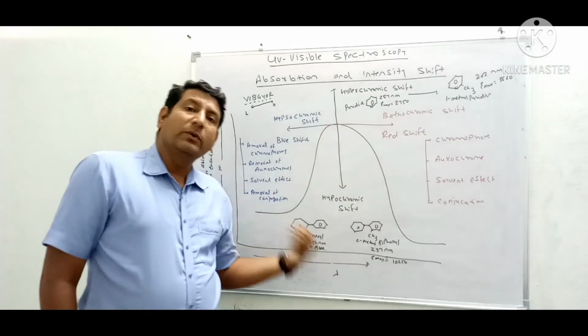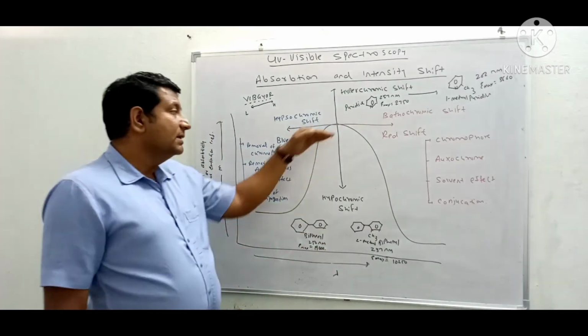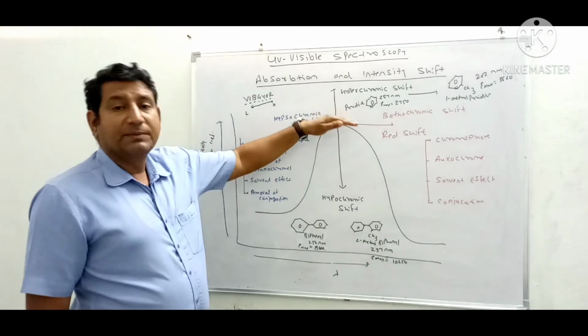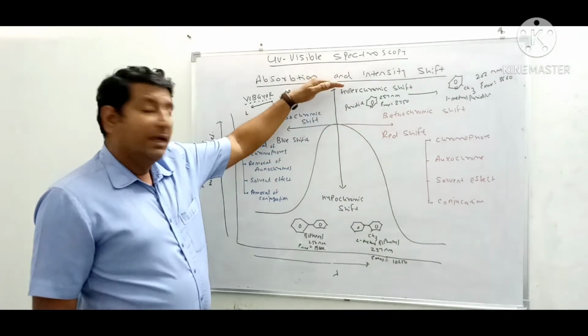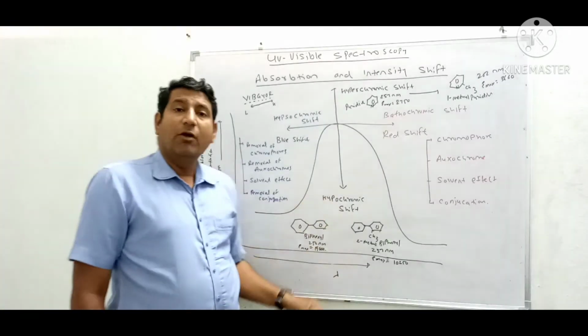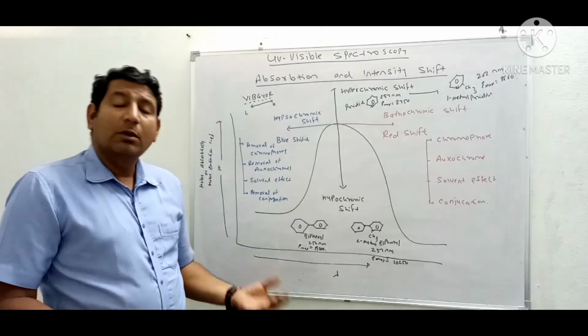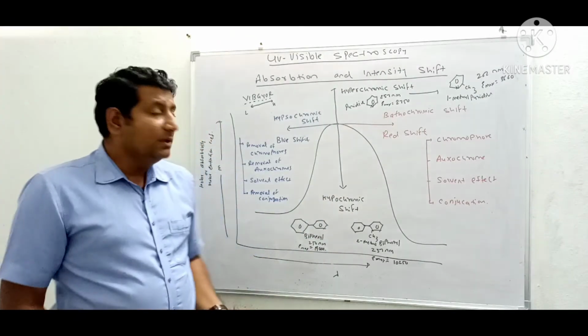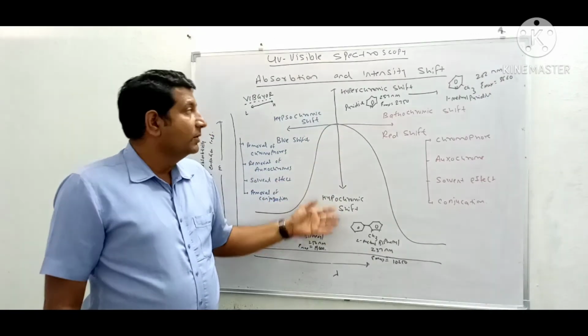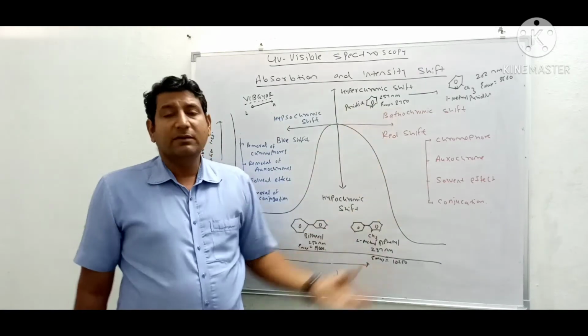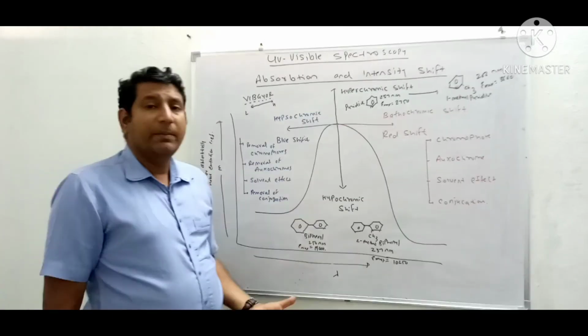Hypochromic shift is the opposite of hyperchromic shift. In hyperchromic shift, the molar extinction coefficient is increased. In hypochromic shift, the value of molar extinction coefficient or epsilon max is decreased from the normal value.